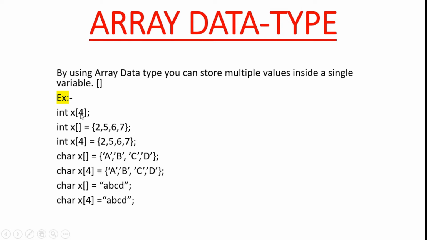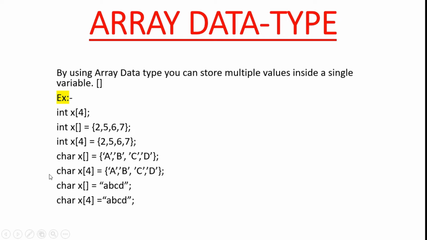Let's talk about character. For char, as I told in my previous tutorial, you have to use single quotation marks for each character. Okay, in my first example of character, I have not mentioned any number of values. In my second example, I have mentioned the number of values as well as, on the right hand side, the characters.